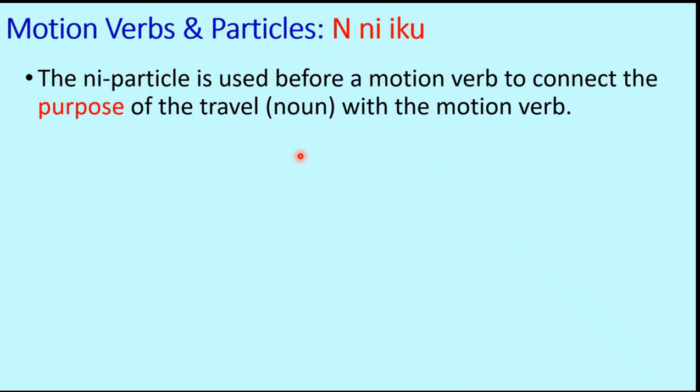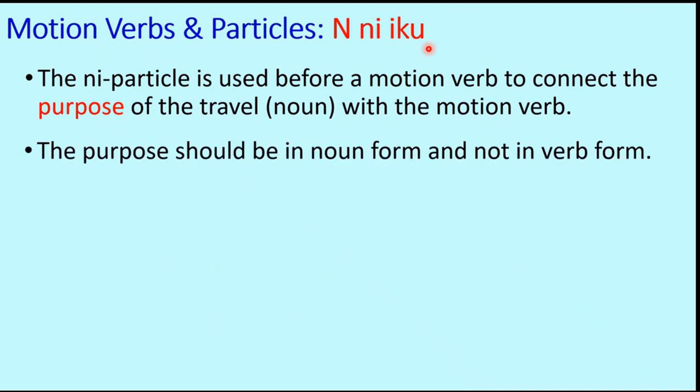The ni particle. Now we will focus on the ni particle, because that is the new thing we are discussing today. Noun ni iku. Iku is the root form of the verb, which is the same as ikimasu. The ni particle is used before a motion verb to connect the purpose of the travel, or the noun, with the motion verb.